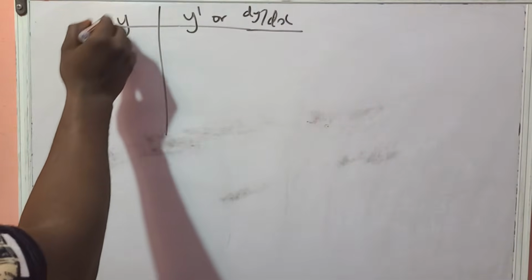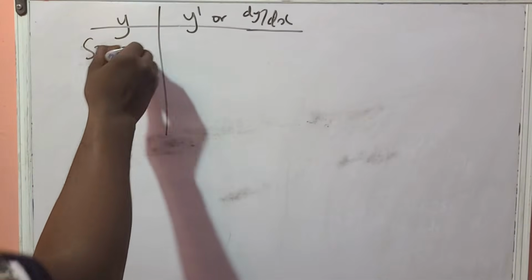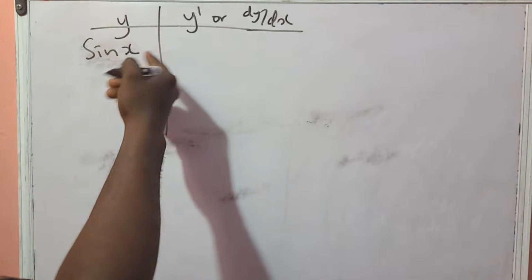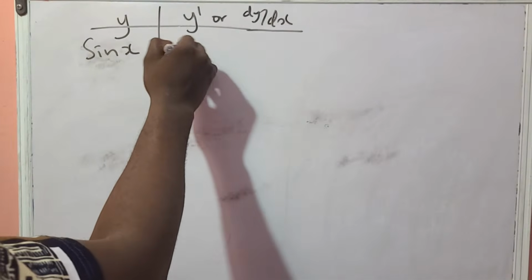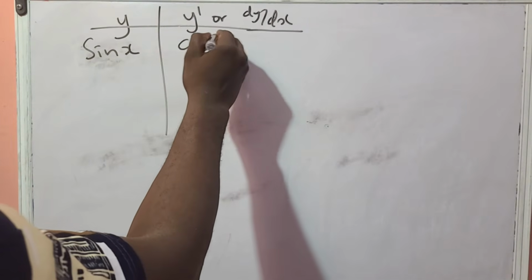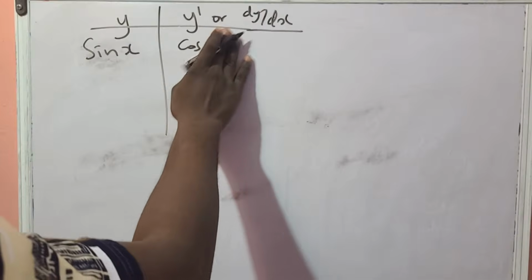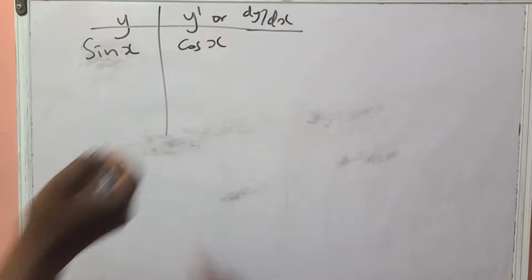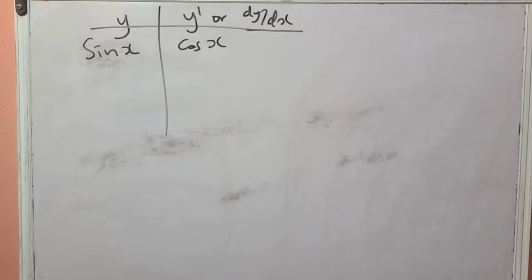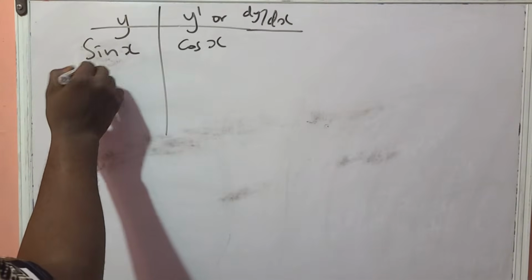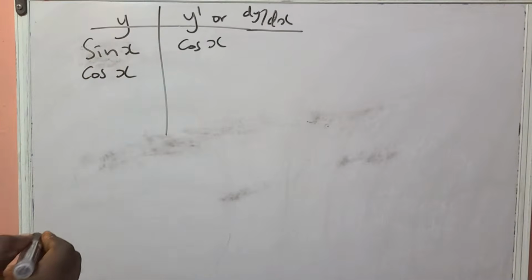So if your y was sine x, of course, I'm sure you guys know what this would be. Cos x. These are standard identities in calculus. So I want you to start noting them and start cramming them, by the way, because it makes your work easy. Identities make your work easy. If you have cos x, what do you get when you differentiate cos x?